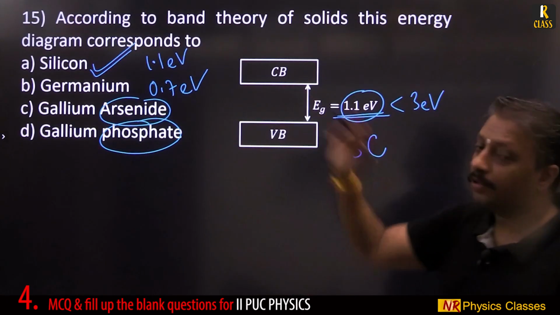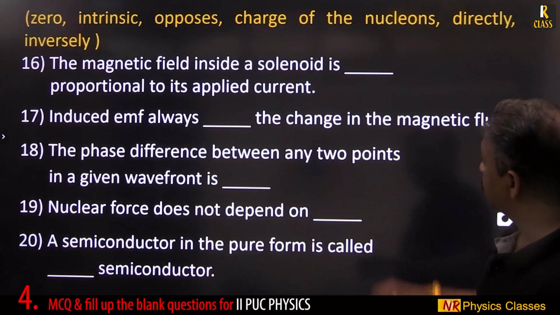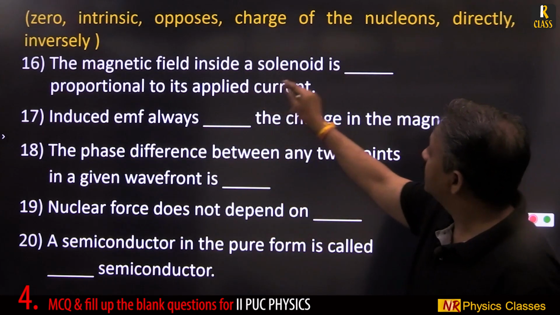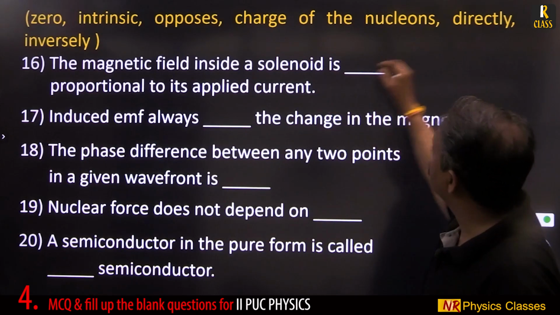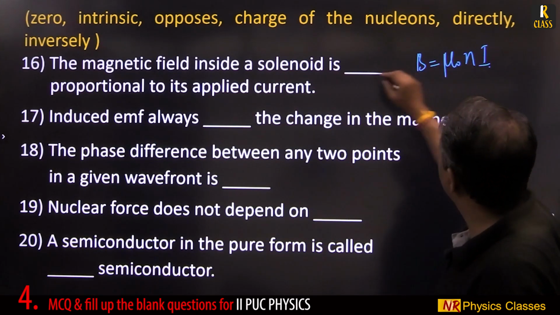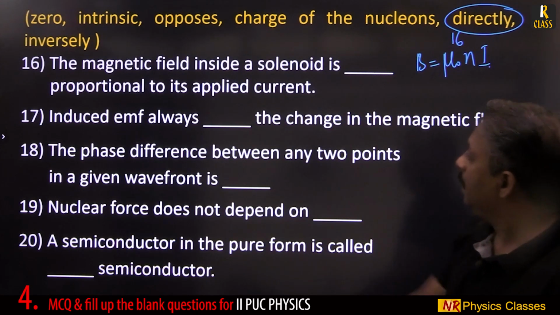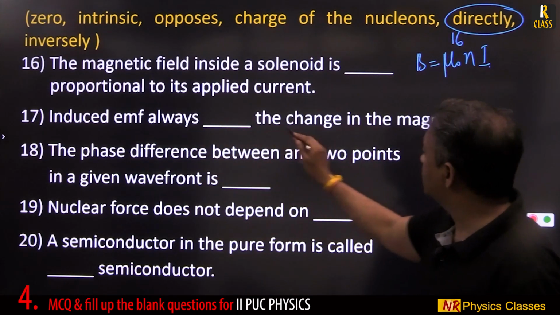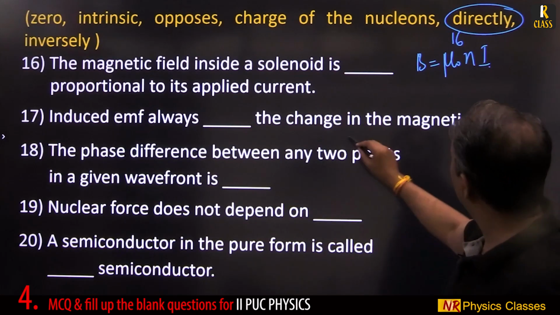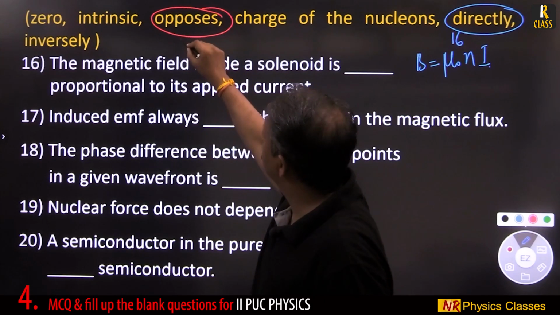The magnetic field inside a solenoid is dash proportional to applied current. It is directly proportional because the magnetic field is mu naught n i. This is 16. Induced EMF always dash the change in magnetic flux. Induced EMF always opposes the change in magnetic flux. This is 17.